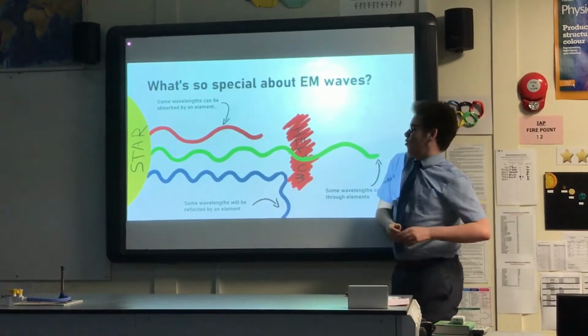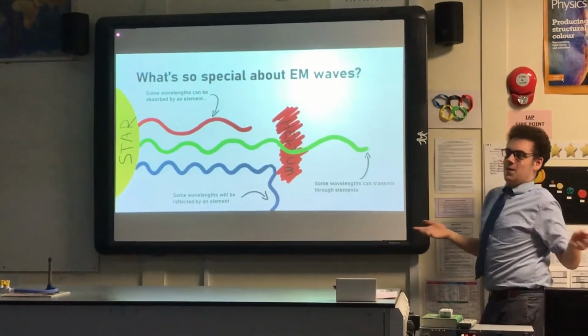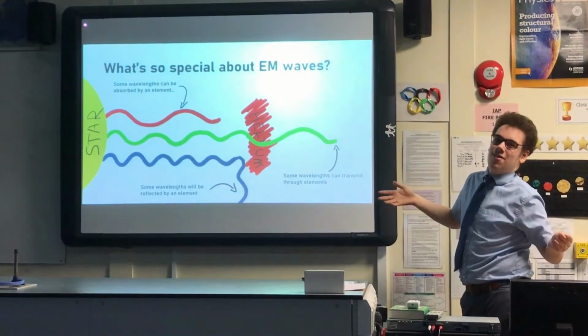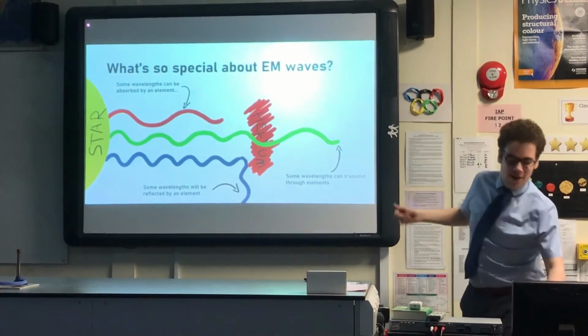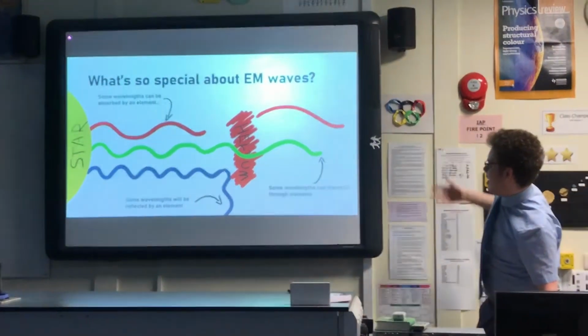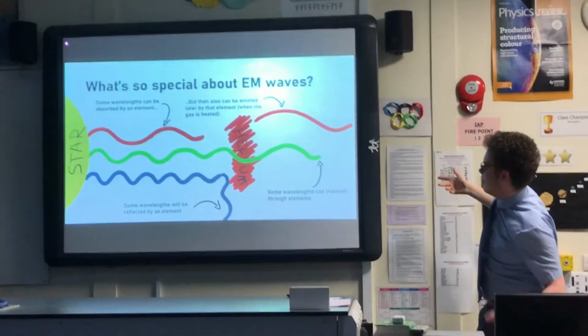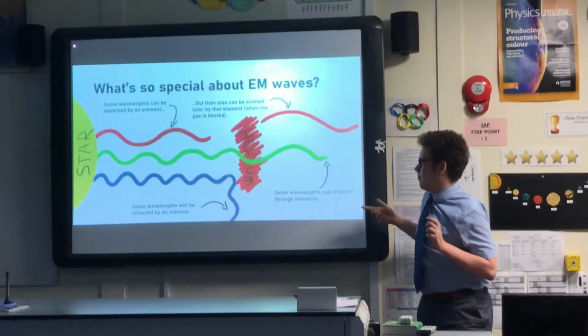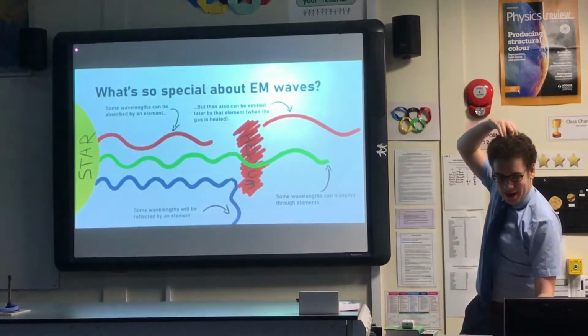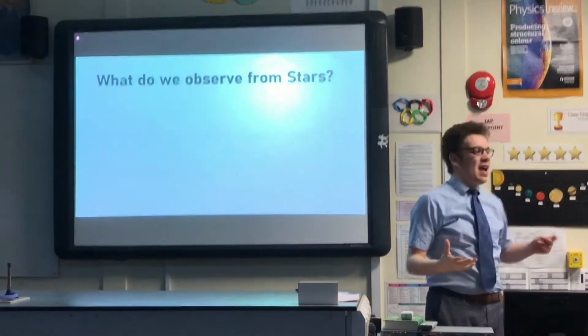But also, if a body can absorb a specific wavelength, then it can also emit that wavelength. And when this helium gas is heated up, it can emit that wavelength. So, what does this mean? What do we actually see?